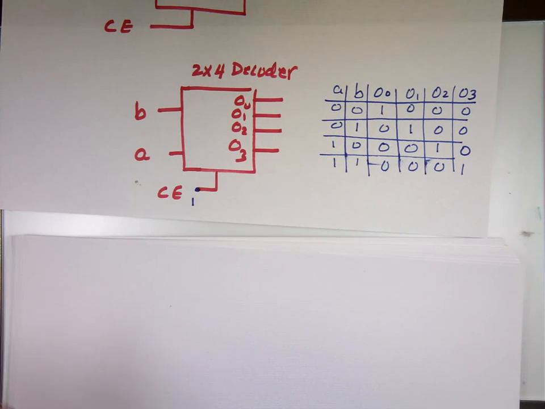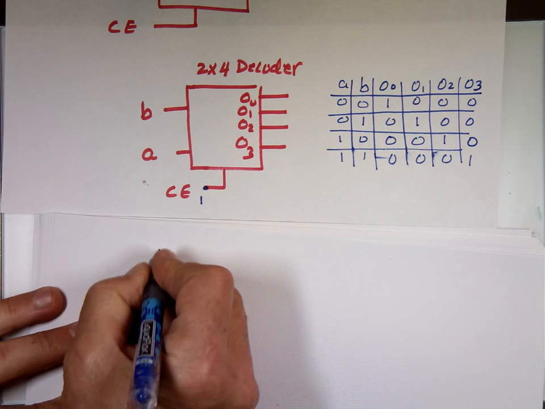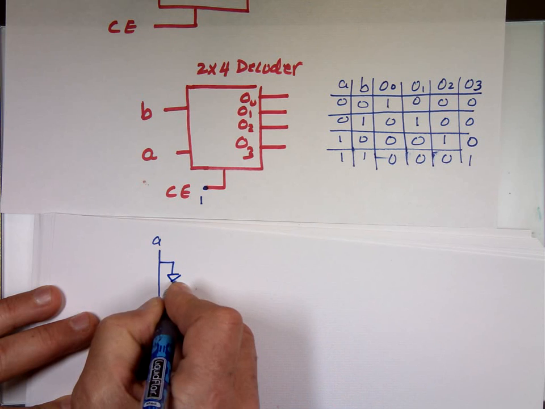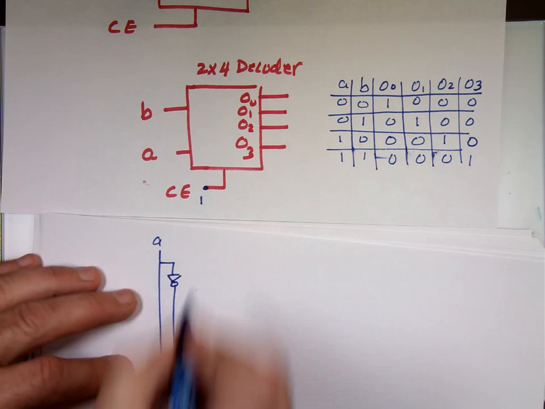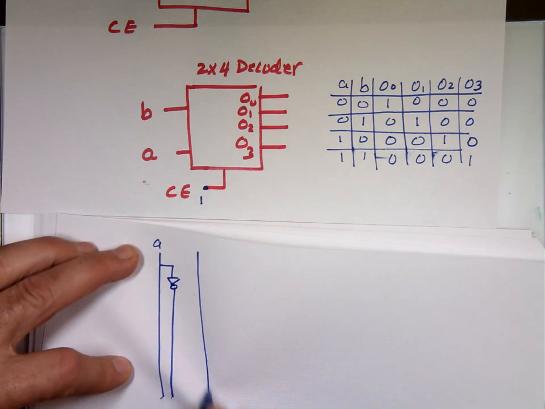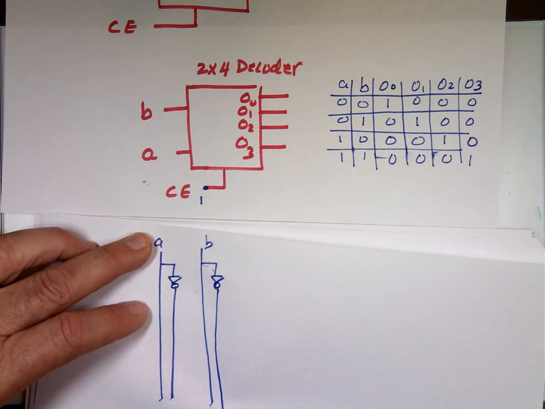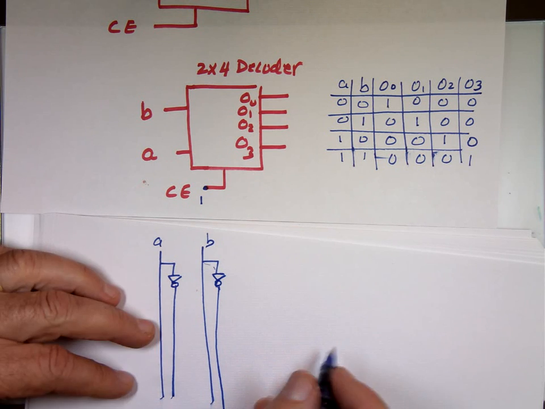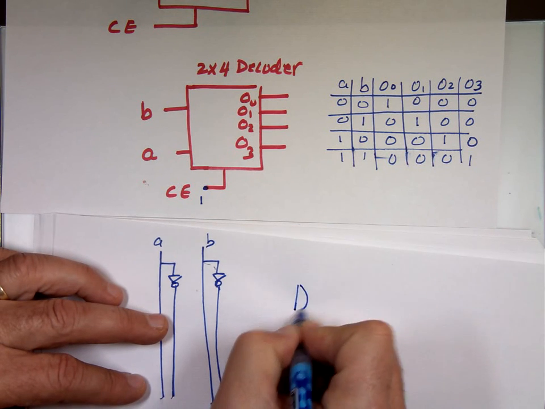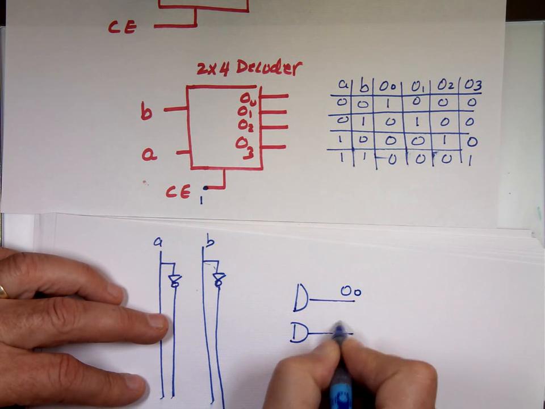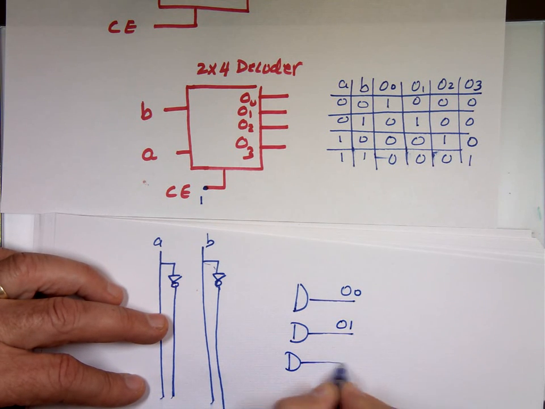What the inside of this decoder looks like, if I was to graph it, I'll have 2 inputs, A and A naught, B and B naught, and I have 4 AND gates. This is output 0, output 1, output 2, and this is output 3, AND gates.